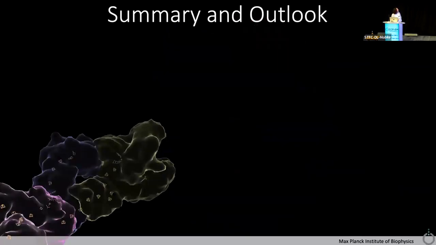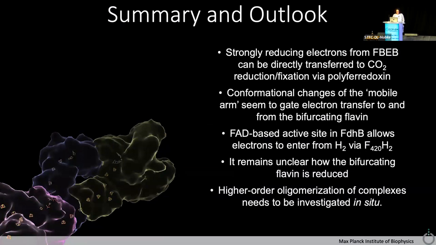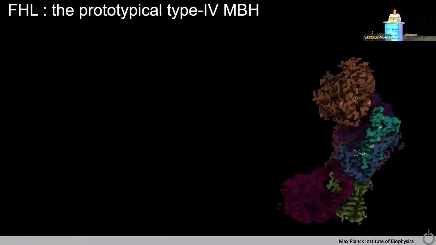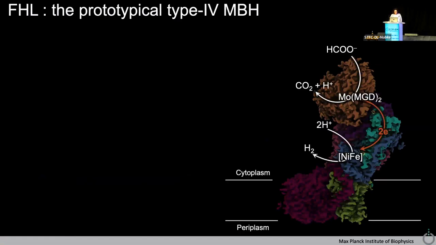So I think in the interest of time, I'll probably just move through the summary, but the next story that I wanted to tell you about is the formate hydrogen lyase complex. So this is a complex that sits in the membrane of E. coli, and it catalyzes a reaction where it oxidizes formate and uses the electrons from that oxidation in order to generate hydrogen.